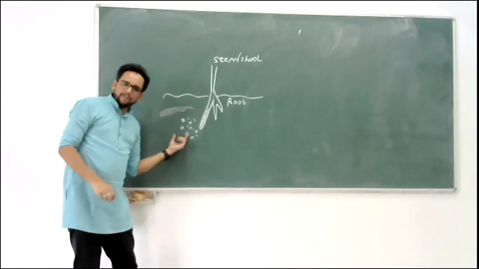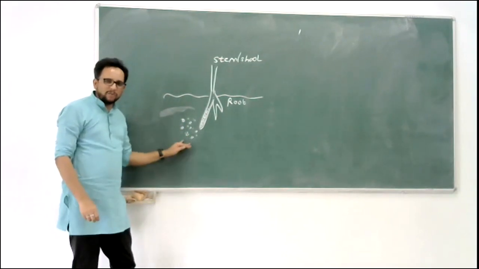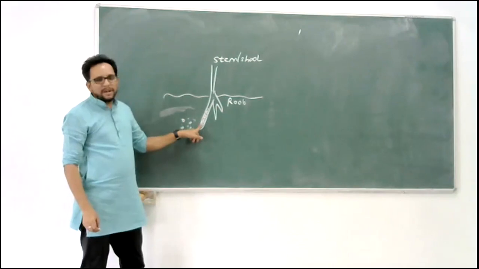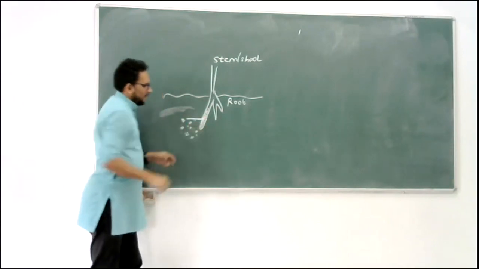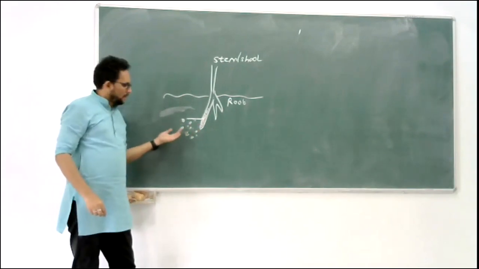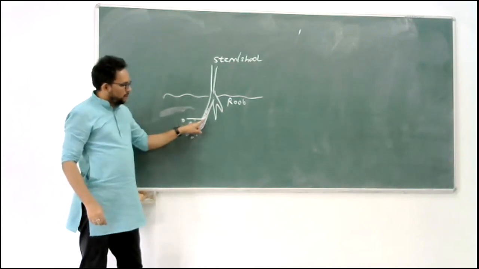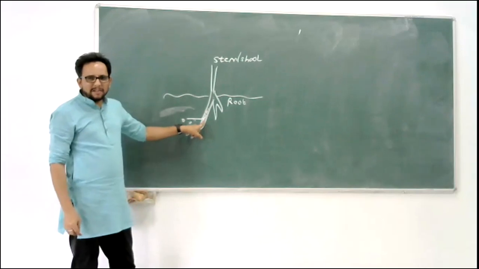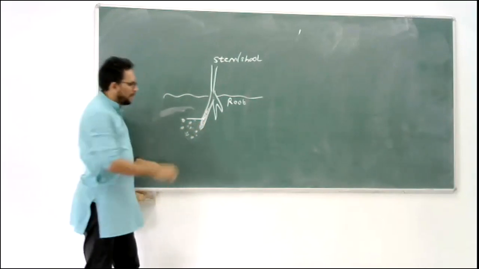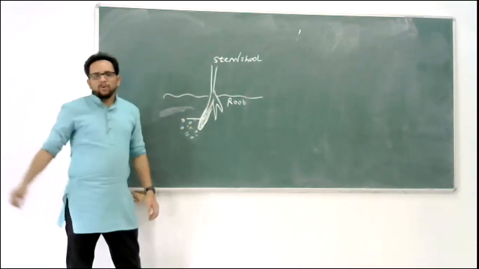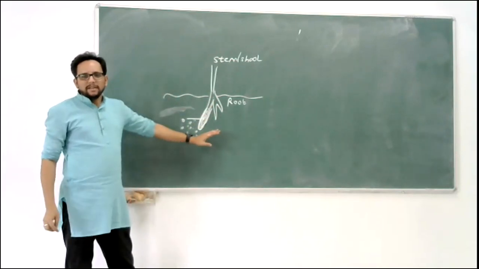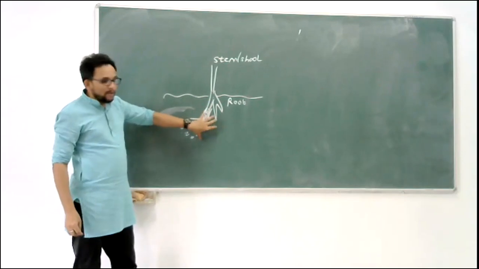So when these molecules from outside, that is from the soil, have to go inside the root hair cell, this transport process will be active because from lower concentration to higher concentration of minerals, it will need energy to be transported across this wall of the root hair, and that is why it is an active transport process.